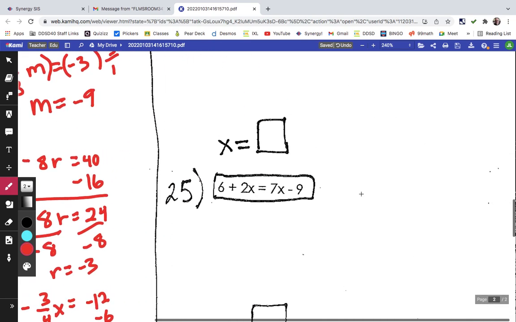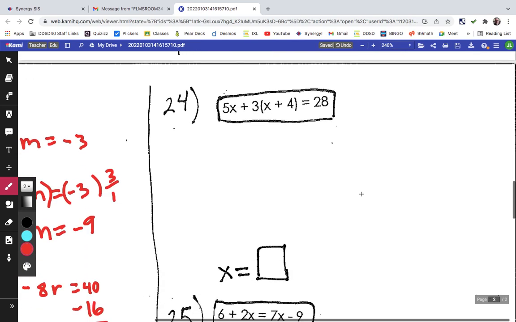Problem number 24. Before I combine like terms, I have to multiply, use the distributive property. So this is going to be 5x plus 3x plus 12 equals 28.